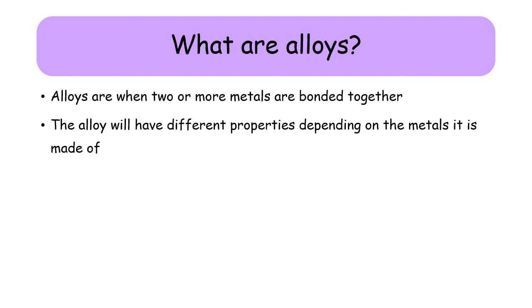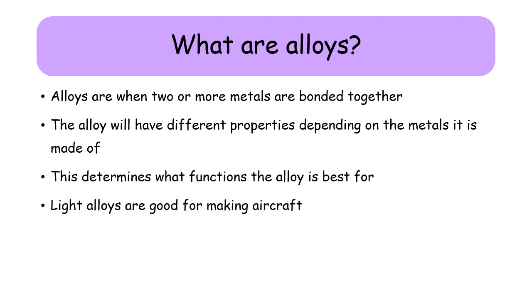And these different properties will mean that alloys are good for different functions, for different jobs. So alloys that are really light or low density are good for making aircraft. So metals like titanium and aluminium are combined with iron to make lightweight steel that is used in the manufacture of aeroplanes.